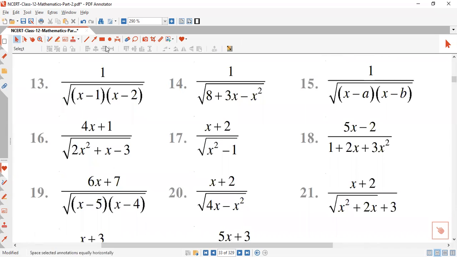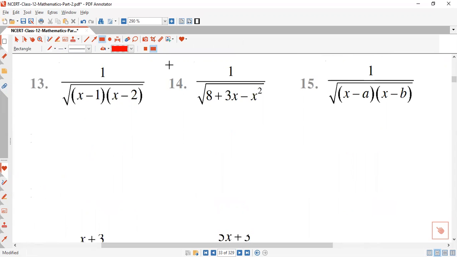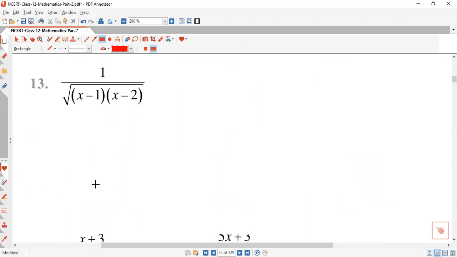See, in question number 13, the numerator is 1, and in the denominator we have a square root sign with x minus 1 and x minus 2. We want to solve this question. Can we make x minus 1, x minus 2 quadratic? Yes, we open the bracket.